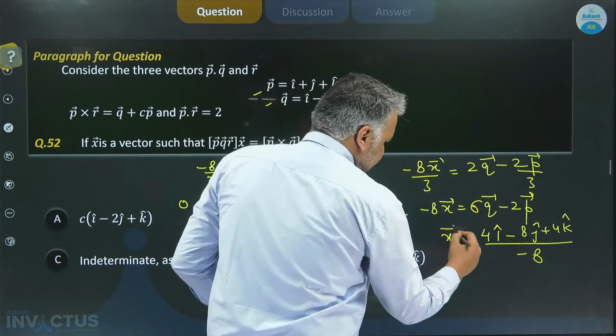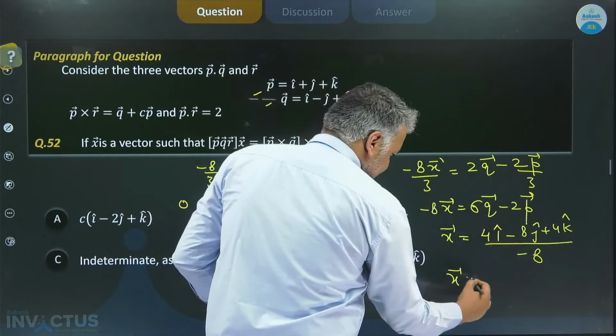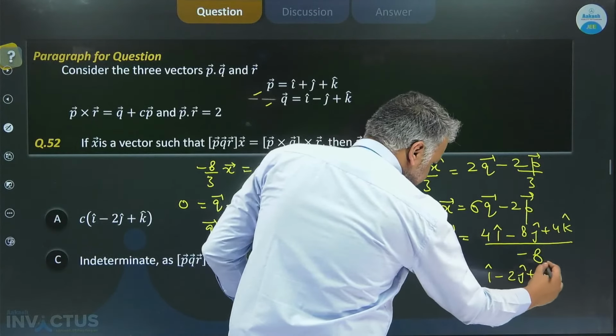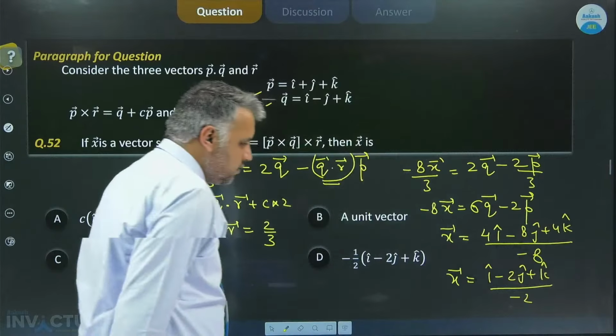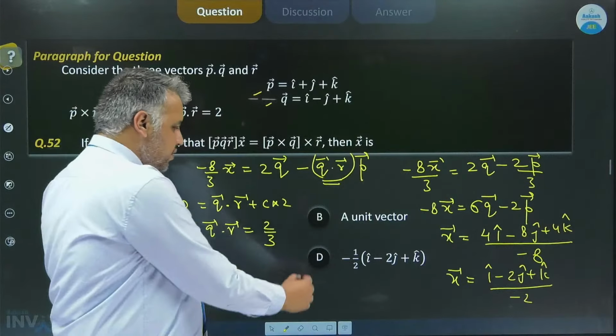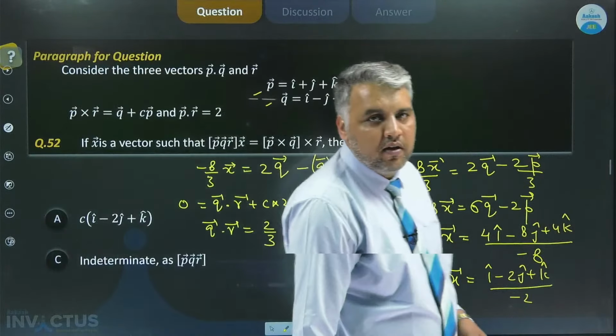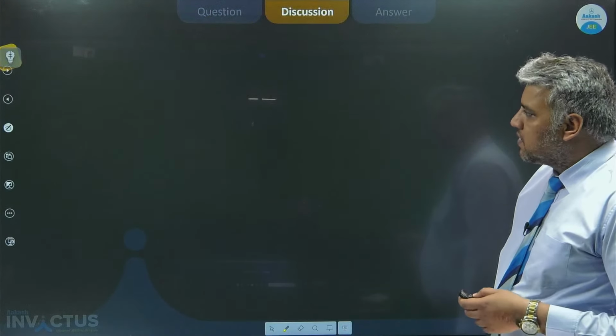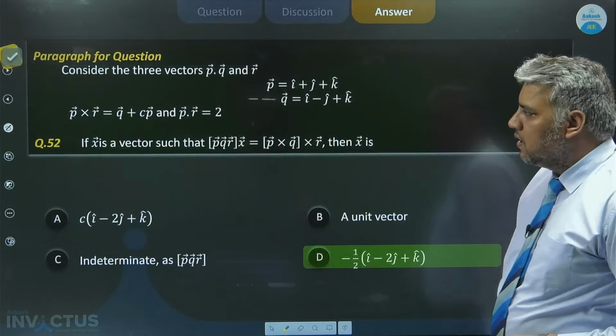So this will be x vector. Cancelling 4, you will get the answer i minus 2j plus k divided by minus 2, which is option D. I think this is the correct option. Let's check. D is the correct answer.